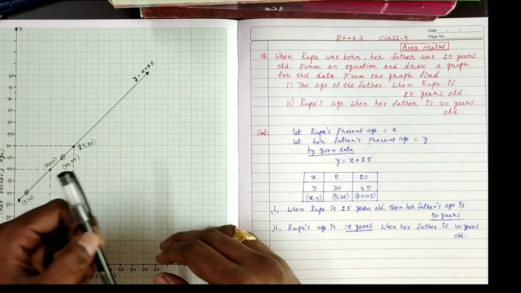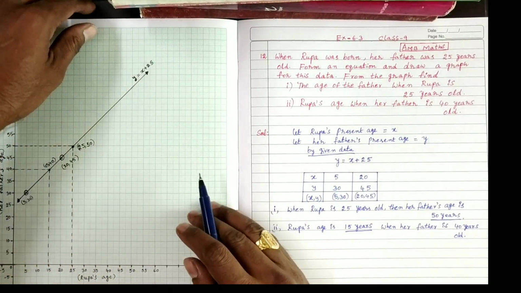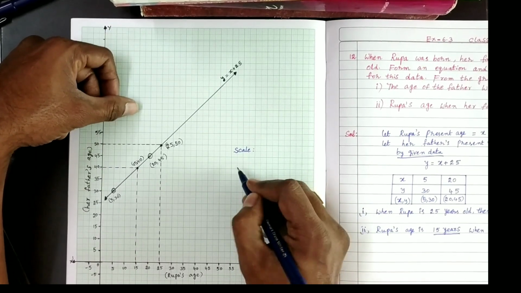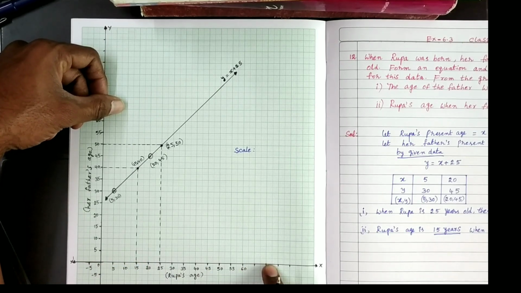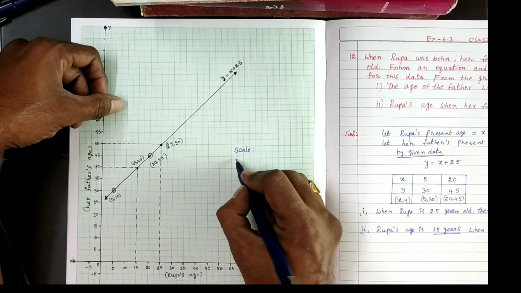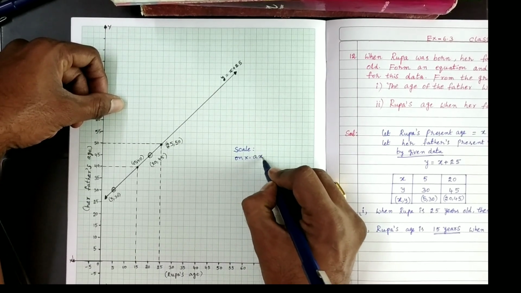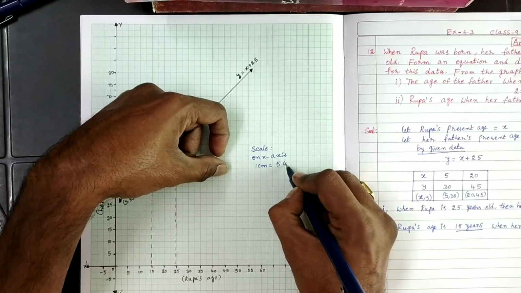Last, you write the scale on the graph. On the x-axis, we take every centimeter as 5 units. So write that on the x-axis: 5 units.